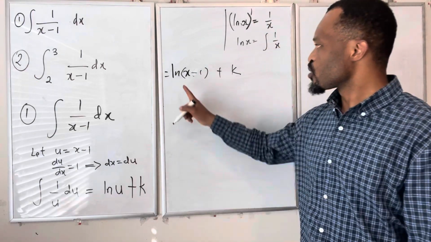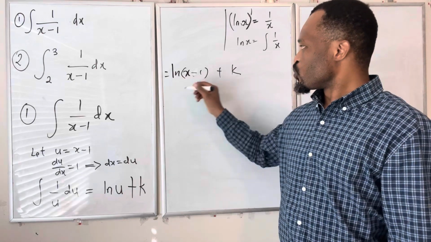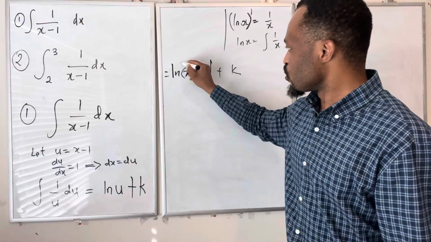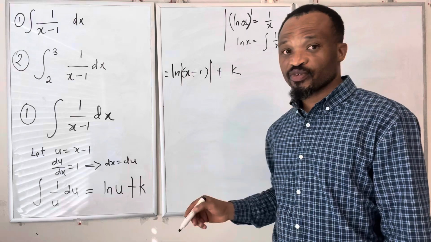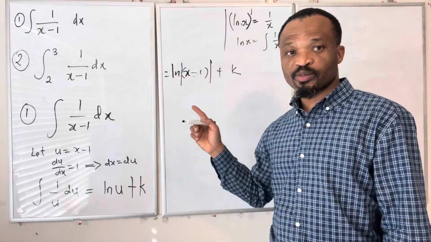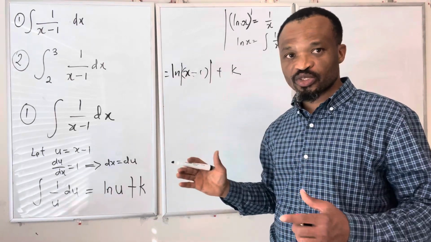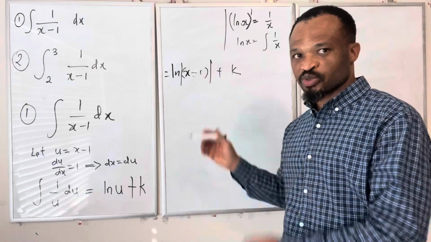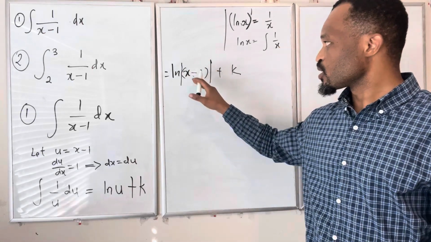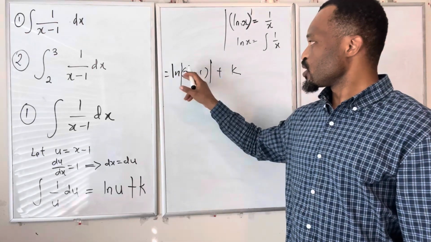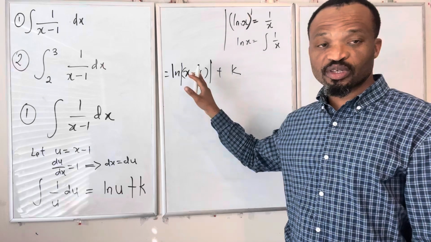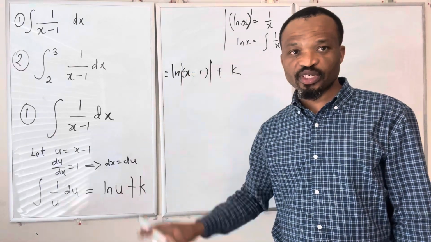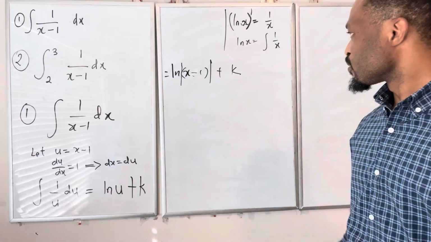Mind you, we'll have to put this in absolute value, because the logarithm of a negative expression is undefined. So we'll put that in absolute value, since this value has to be positive. All right, that's that.